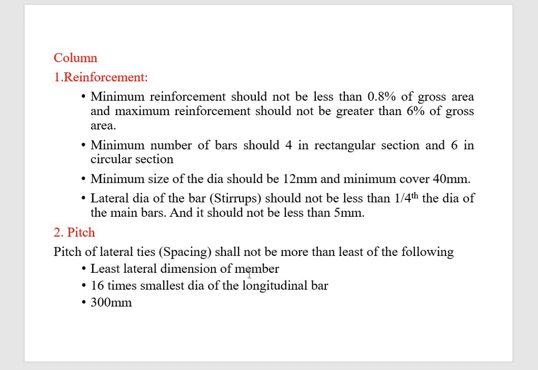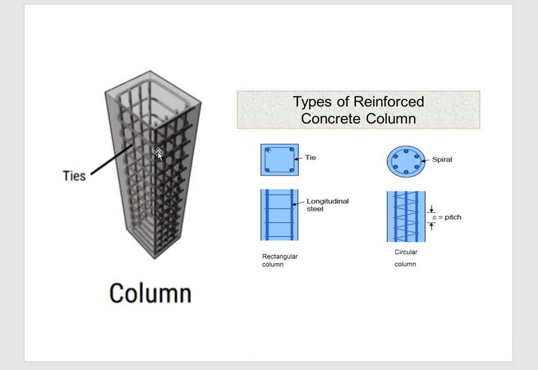Here you can see these are the stirrups, and whatever dotted kind you can see here in the top, those things are main bars, and these lines are stirrups. The spacing between those two lines is called the pitch.